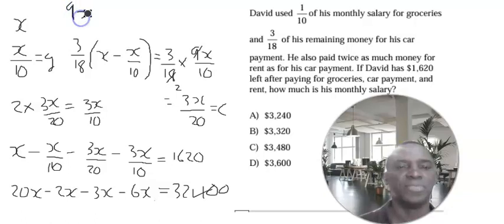If you subtract, you will have that 9x is equal to 32,400. Do you understand that?